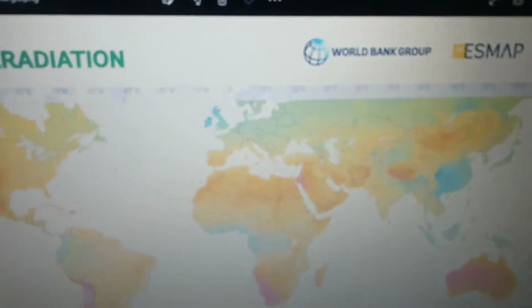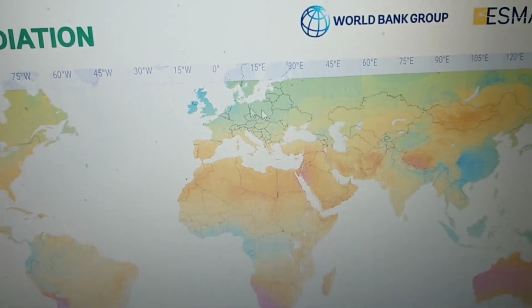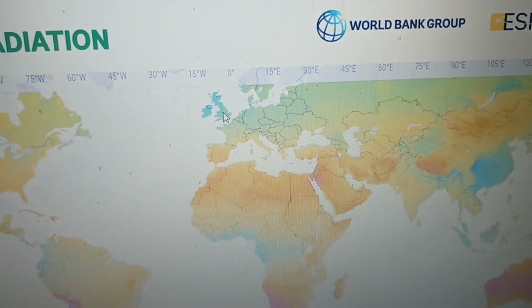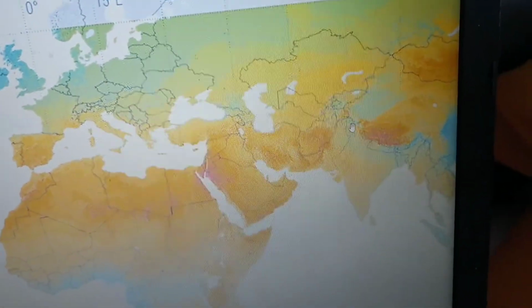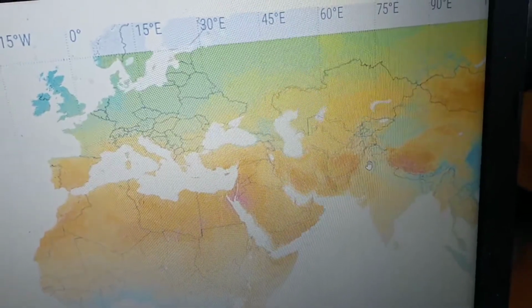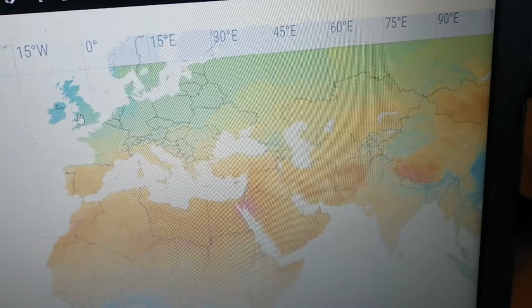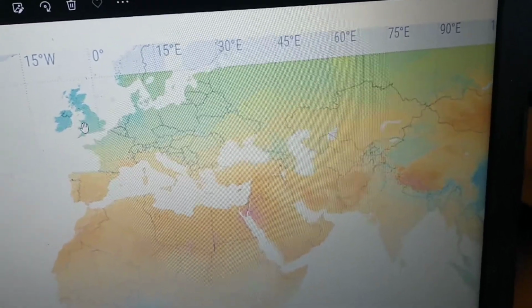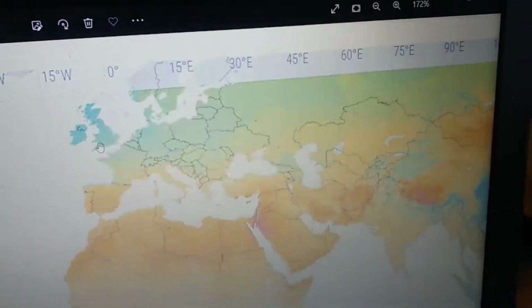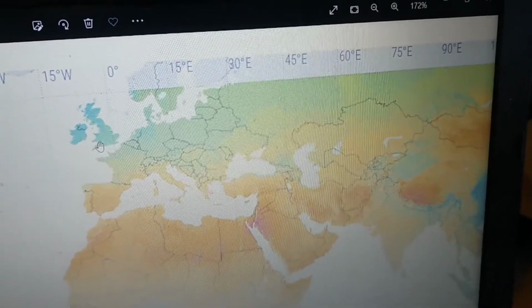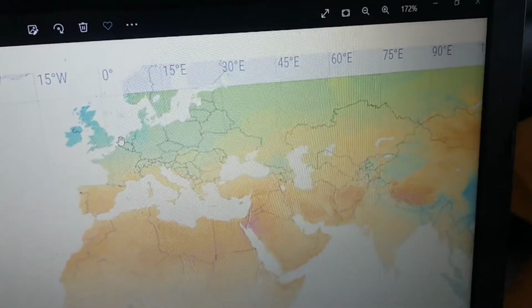But if we look at the colours on the map, this is where I am in North Wales, and then this is Pakistan. Obviously North Wales is going to have less intense sun because it's more north on the earth, and a temperate climate because of the big blue sea.